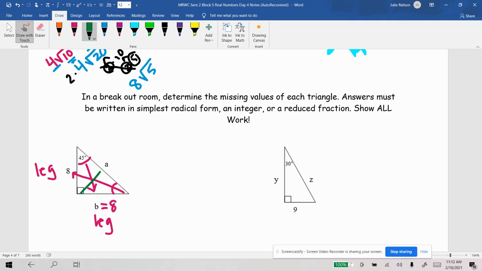And what do you know about across from the 90 degrees? It is always the leg times the square root of 2. So our leg is 8, so it's 8 square root of 2. So B equals 8, and A equals 8 square root of 2.